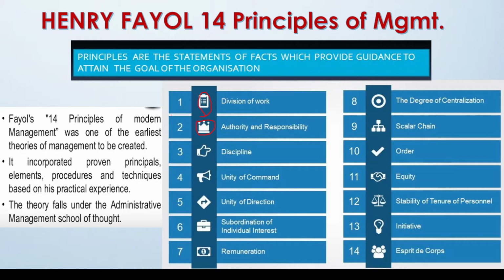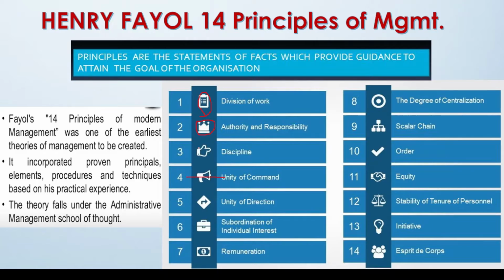These are falling under the administrative management school of thought. Okay, so starting from the first, it is saying division of work. See, there is a chart here that symbolizes the division of work. Then authority and responsibility, discipline, unity of command.